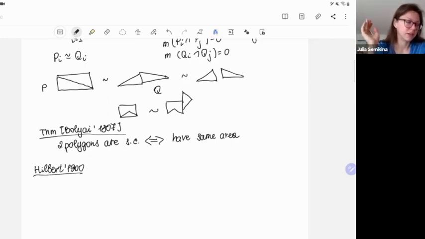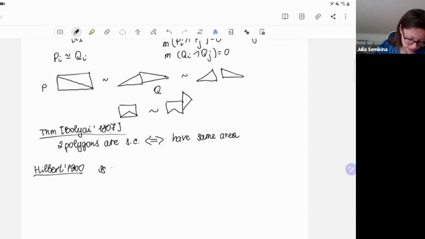So if you have two polyhedra in R^3, and now your Caesar congruence is you cut along planes, and you decompose your polyhedra into a union of other polyhedra, and you allow to move these polyhedra and compose a new one. So is volume the only invariant?